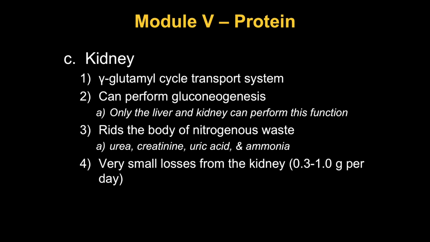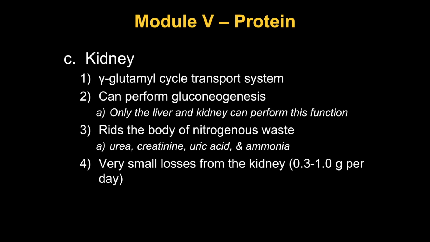We're also going to rid the body of nitrogenous waste here, so the kidney is going to relieve some of that protein load that we've just ingested as urea, some as creatinine, some as uric acid, and of course ammonia. We have very small losses from the kidney because, remember, protein is a primary macronutrient, very important to us. It's ubiquitous in the human body, so we try to minimize the loss of protein. So about 0.3 to 1.0 grams per day is lost via the kidney.